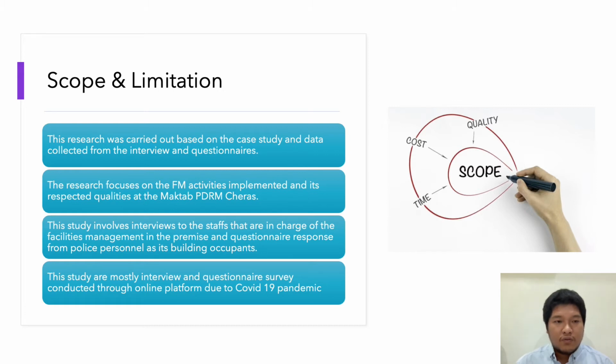The second scope is that the research focuses on the FM activities implemented and their respective qualities at the Maktab PDRM Cheras. The third is that this study also involves interviews with the staff in charge of the facility management in the premises and questionnaire responses from police personnel as the building occupants, as I explained before.